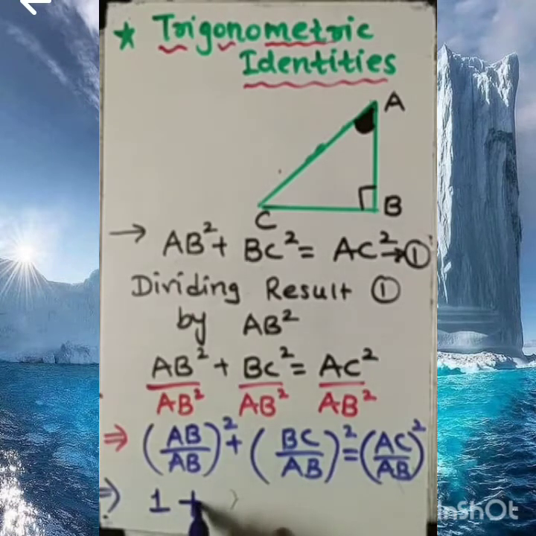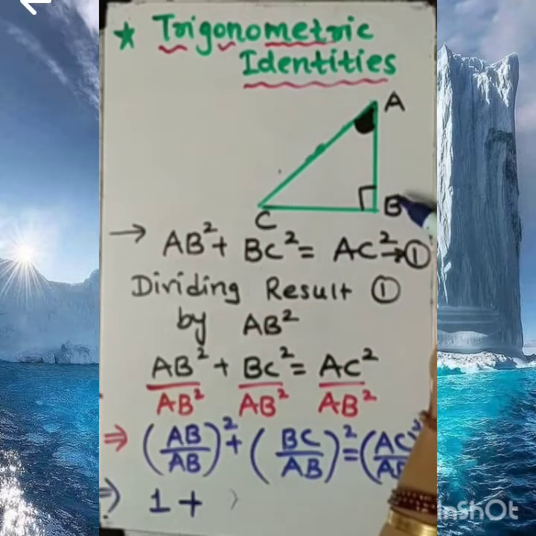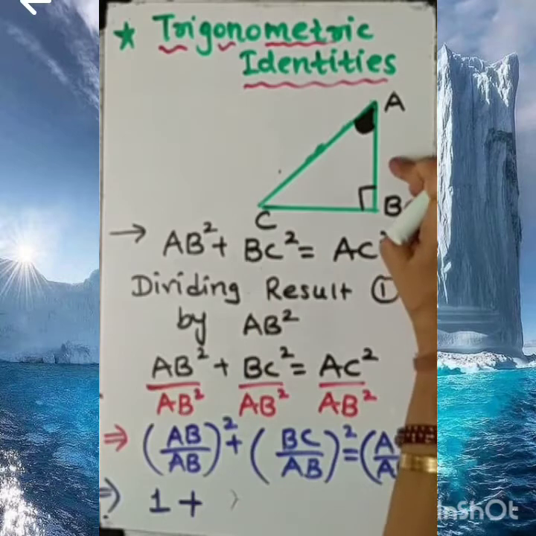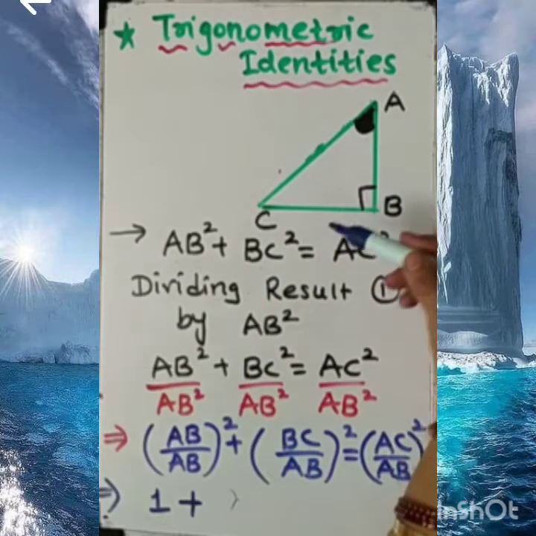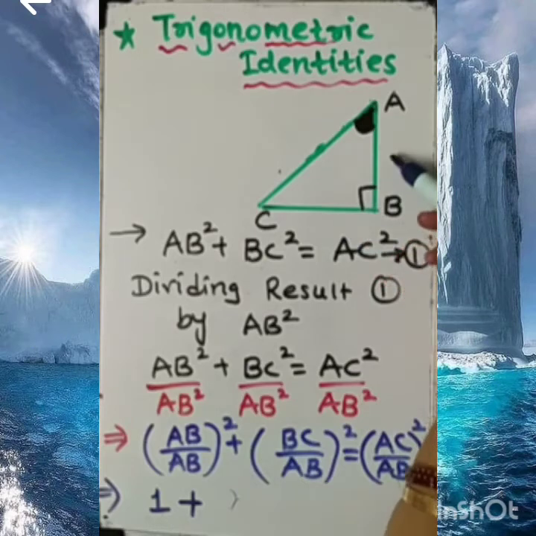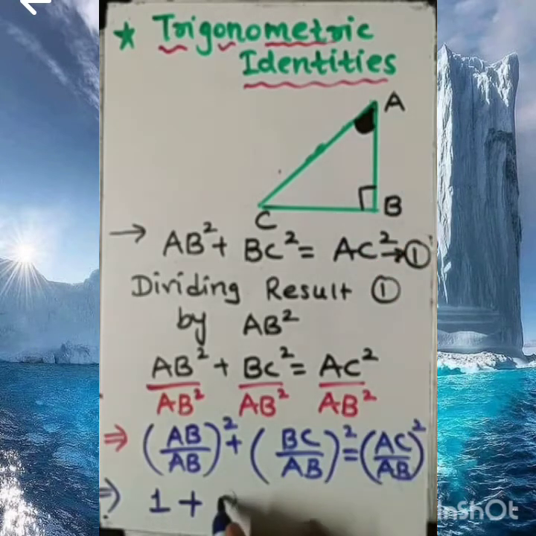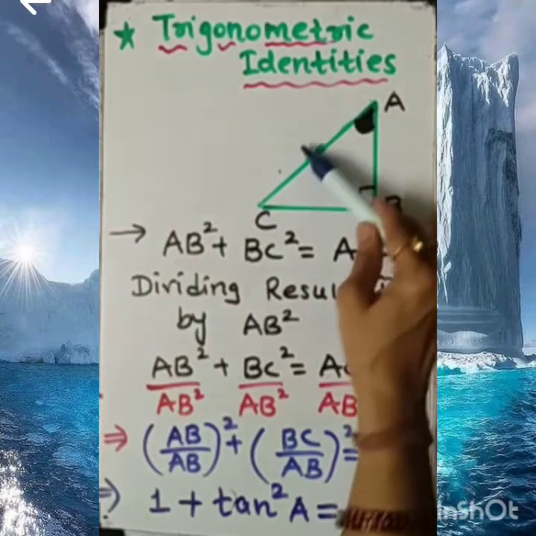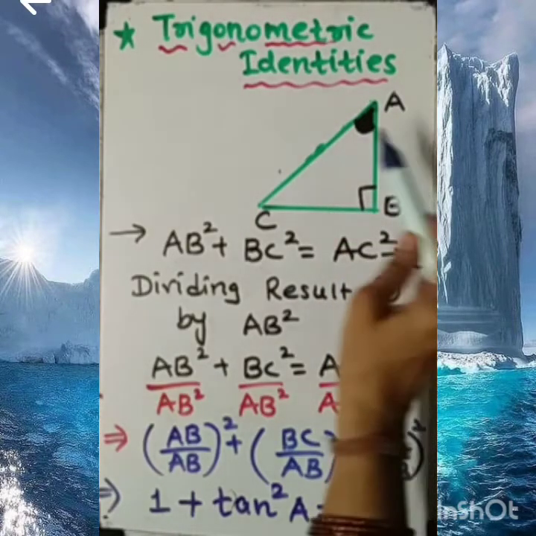Now focus on this, BC upon AB. BC is the opposite side of angle A, that is perpendicular, and AB is the base. Perpendicular upon base, P by B, gives the result tan. So we can write here tan square A. Now AC upon AB: AC is the hypotenuse, AB is the base.